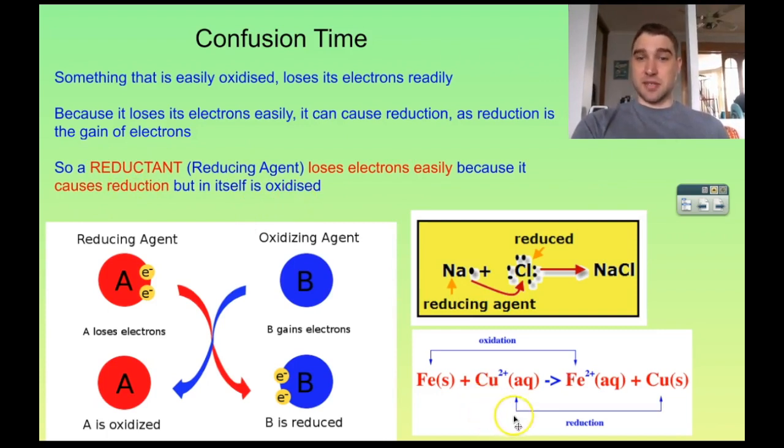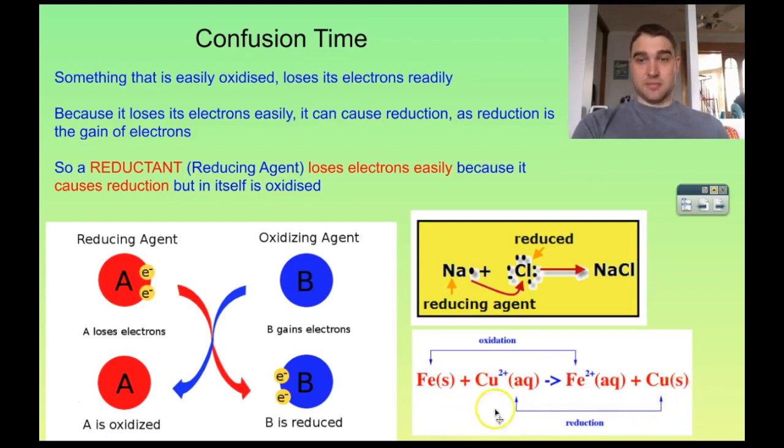Let's look at an example down here. Down here we've got iron being oxidized to iron 2 ions, and we have copper 2 ions being reduced to solid copper. So iron is being oxidized. It is losing 2 electrons to become iron 2 plus. The copper ions are gaining 2 electrons here to become solid copper. So the copper ions are being reduced to copper.